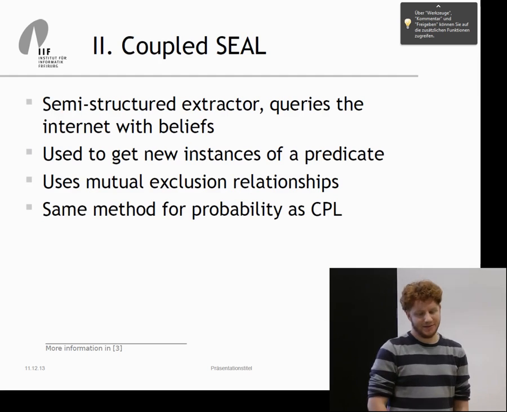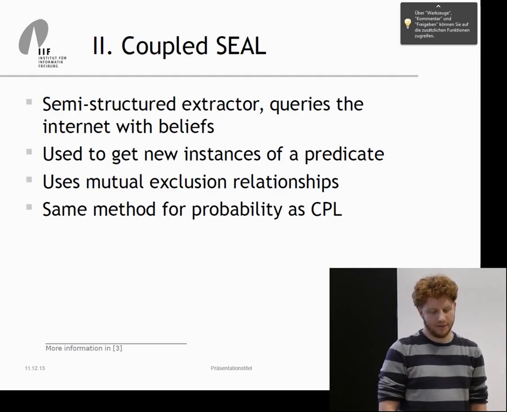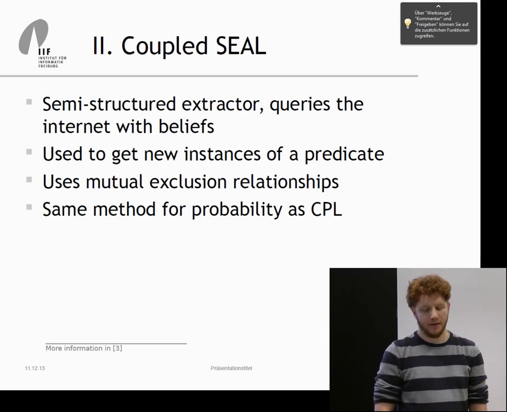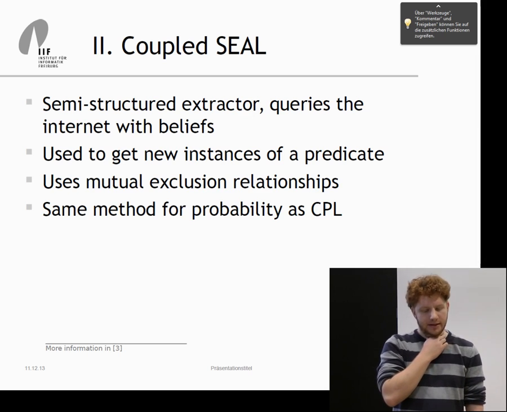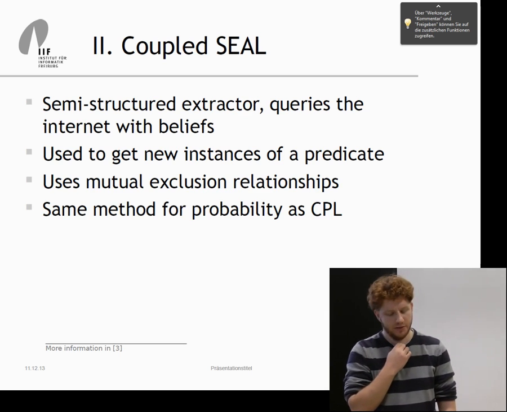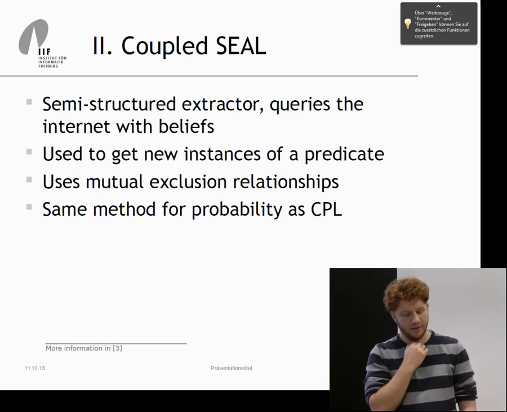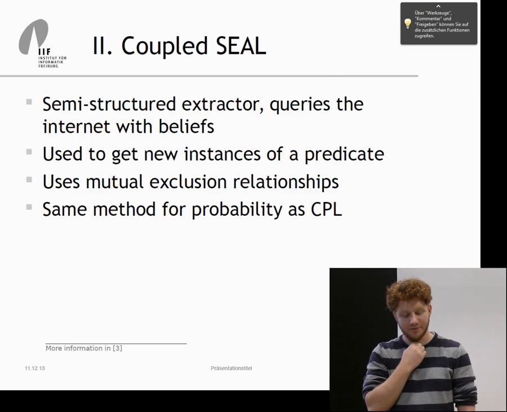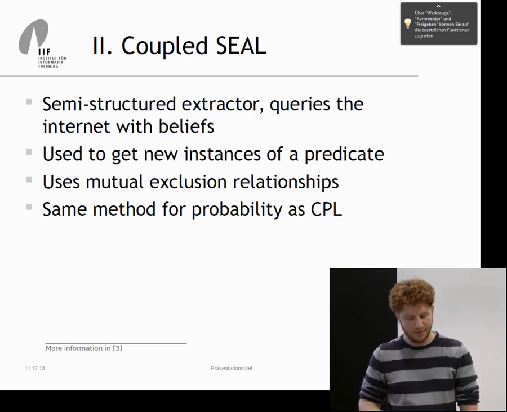Coupled SEAL is a semi-structured extractor which queries the internet for beliefs. This means we have a fact in the knowledge base and query, for example, a search engine with this belief, and then we get new instances of this predicate. Coupled SEAL especially uses mutual exclusion relationships to make better results.